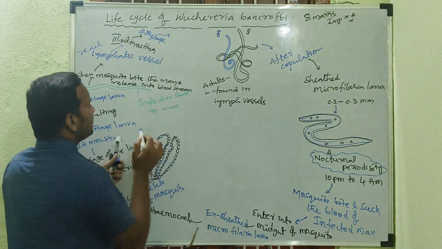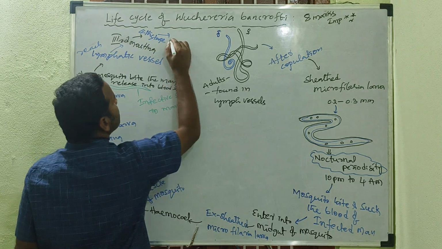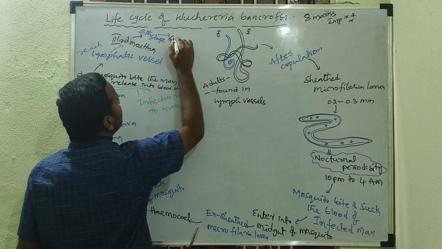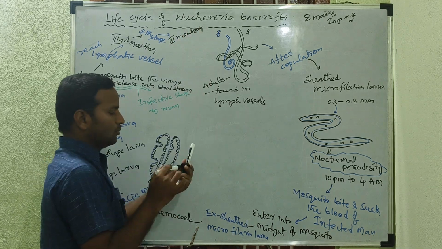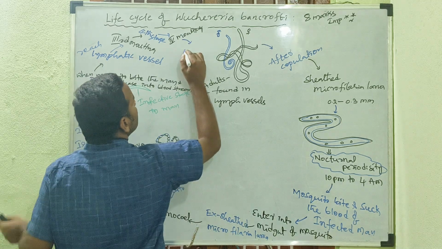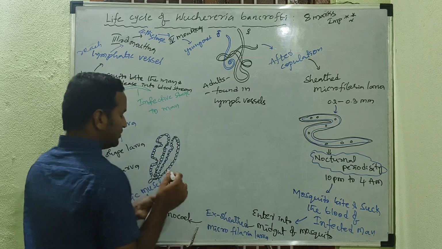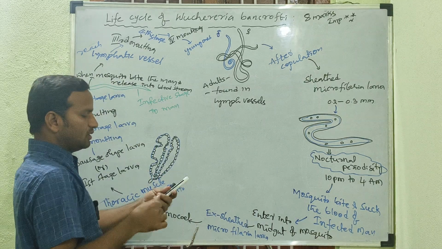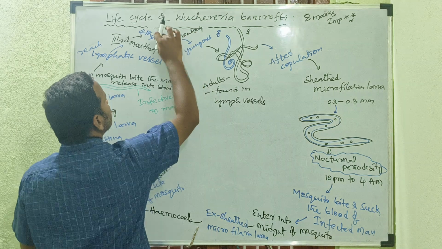Then fourth molting produces young ones. The young ones develop into adults.